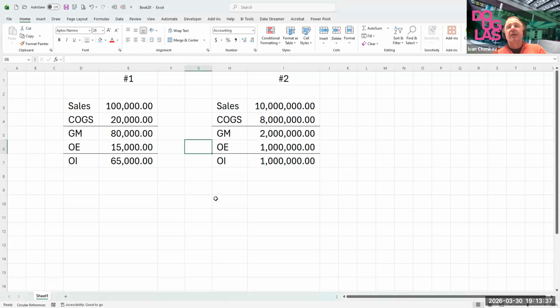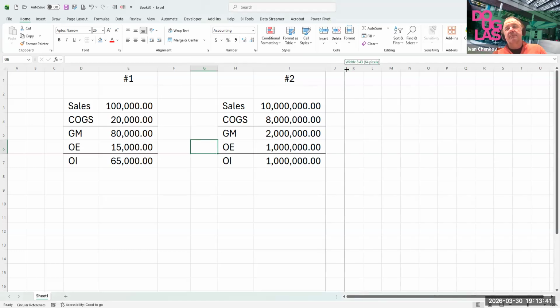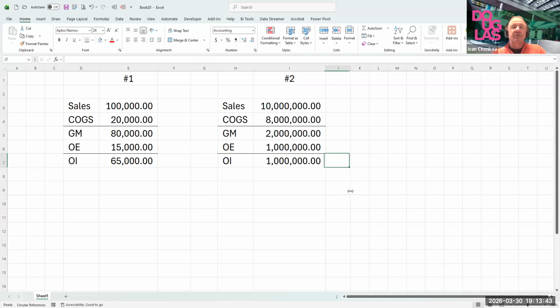So somebody says, let's invest in company number one. If you say number one, why? If you say number two, why? It looks like company two will be way better because they're generating operating income of $1 million. The other company generates 65,000. Why would you waste your money on a company that generates only $65,000 rather than going with the company that generates $1 million?